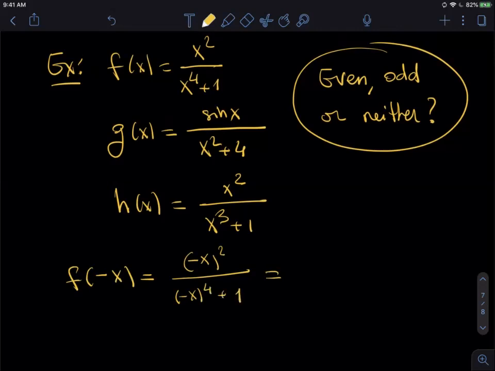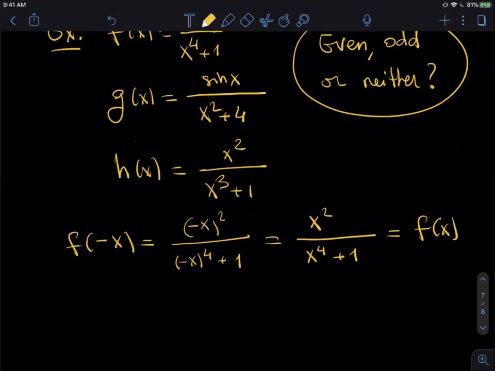But if I take the square of a negative number, I get the number squared, x squared, divided by x to the power 4 plus 1, because it's an even power. And this is f of x. So what does this mean? This means f of x is even.